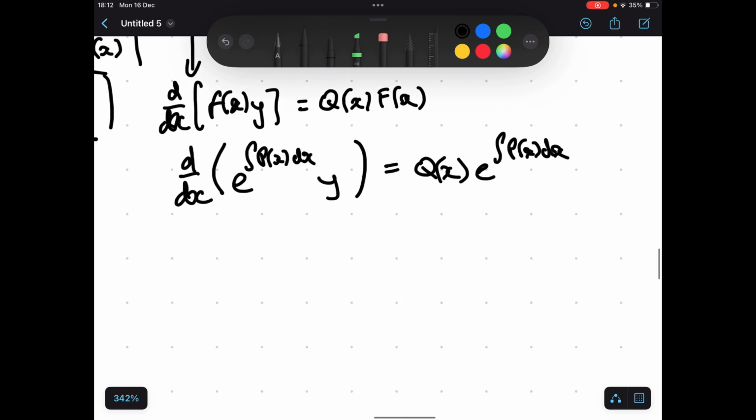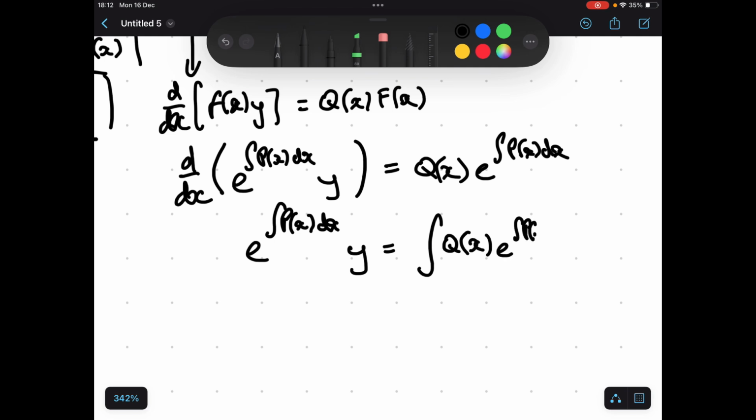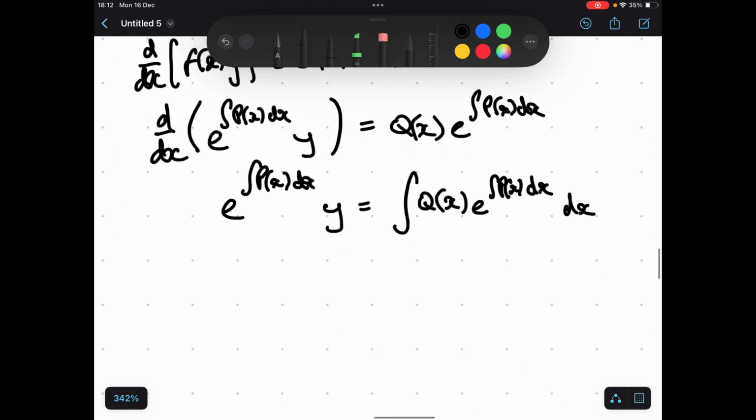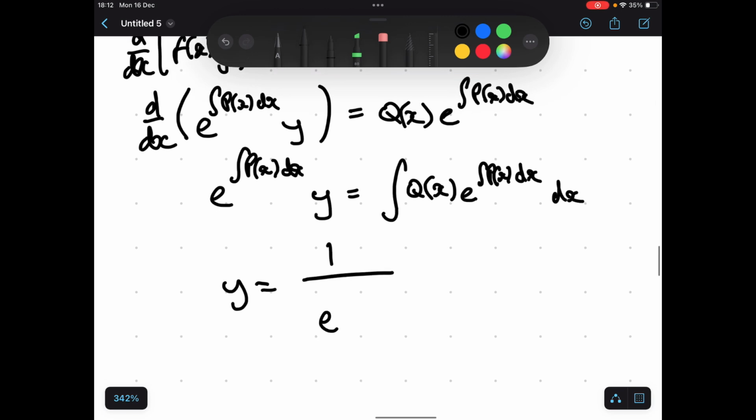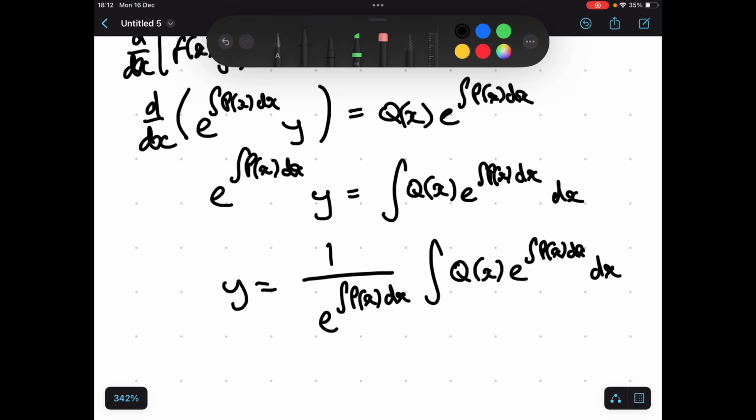And then we can integrate both sides here, like so, with respect to x. You can divide both sides by that. Lovely. And there you go.